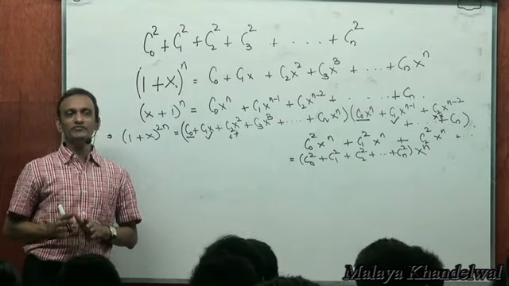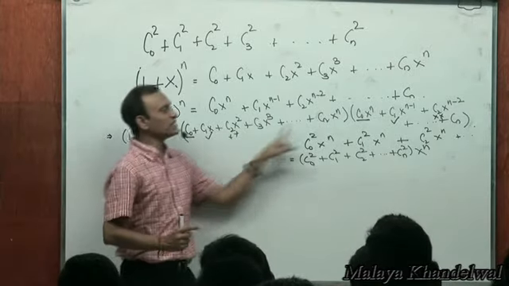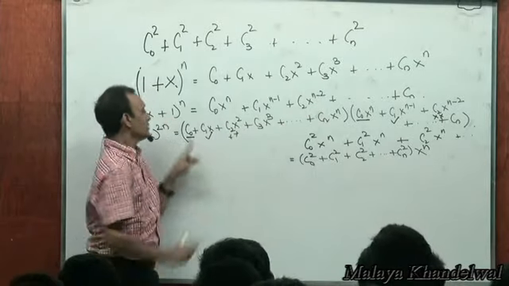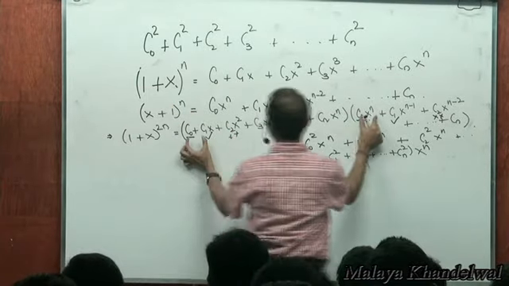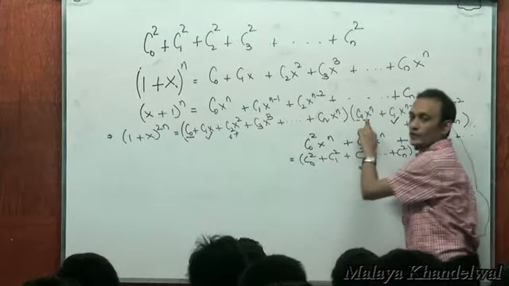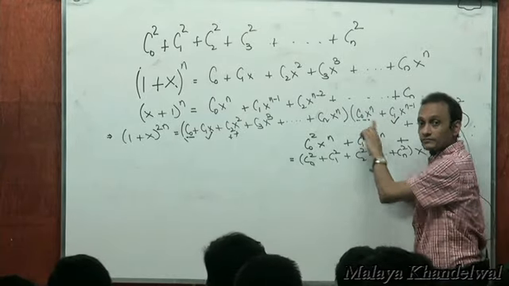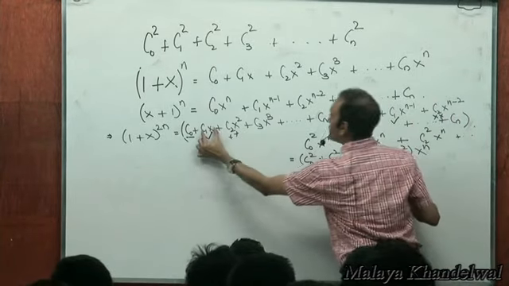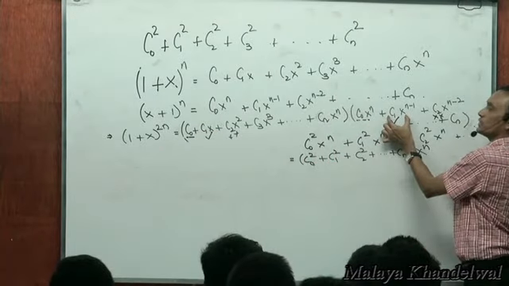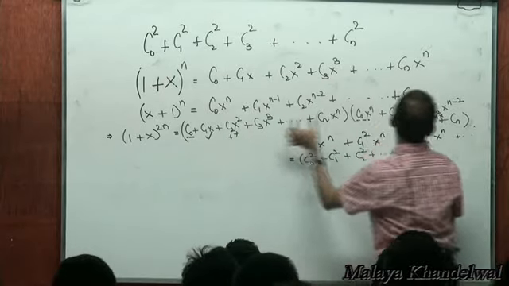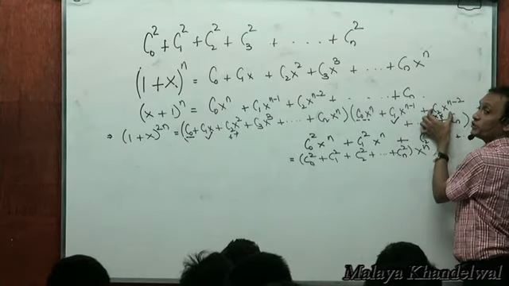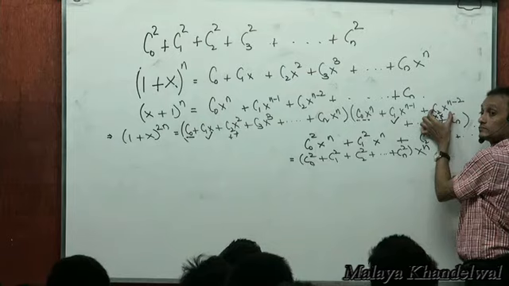Will you buy this argument from me? The coefficient of x^n on the right hand side can be obtained. This is the only way you can obtain the coefficient of x^n, isn't it? This into this will give me c0 squared into x^n. This into this will give me c1 squared into x^n. This into this would give me c2 squared into x^n.